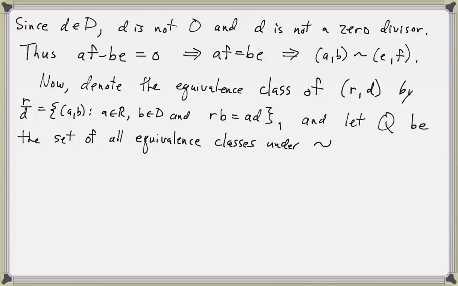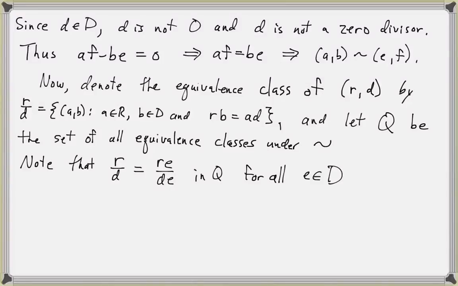Now, we're going to point out a fact that the equivalence class R over D equals the equivalence class RE over DE in Q for all elements E in the set D, since we assume that D is closed under multiplication.